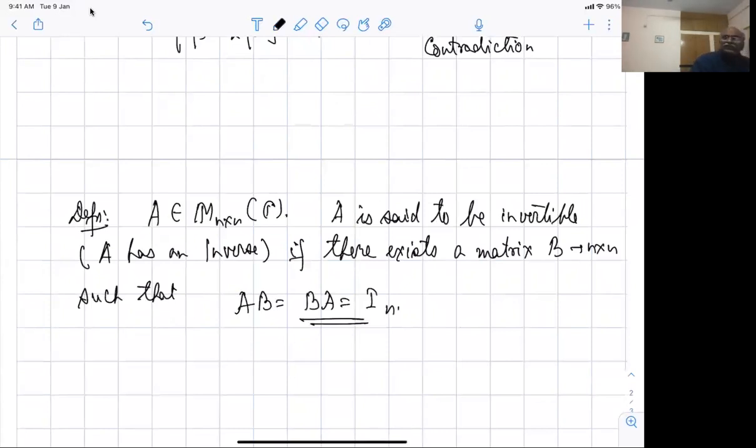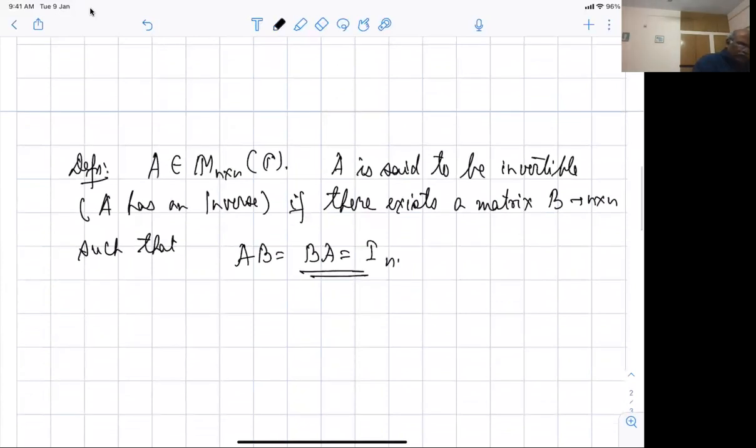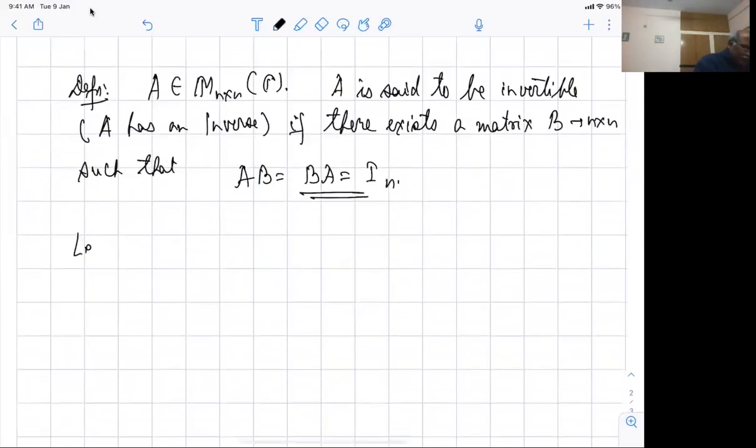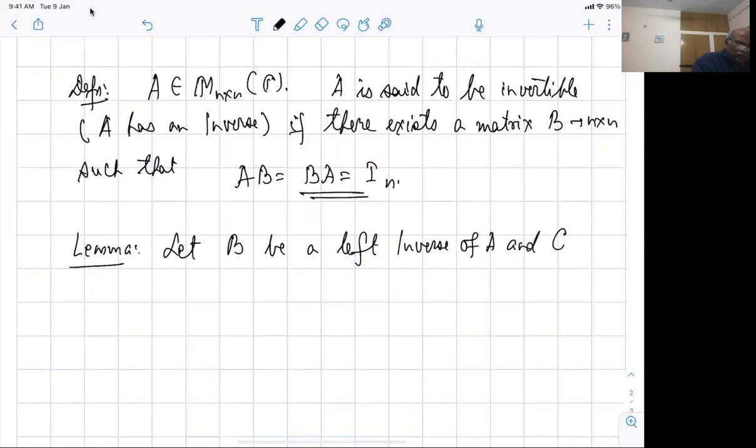Fine, that's important. Right. So before I look at some examples, let's look at one result here, a small idea, lemma. Let B be a left inverse of A and C be a right inverse of A. We are assuming that A is an n cross n matrix.